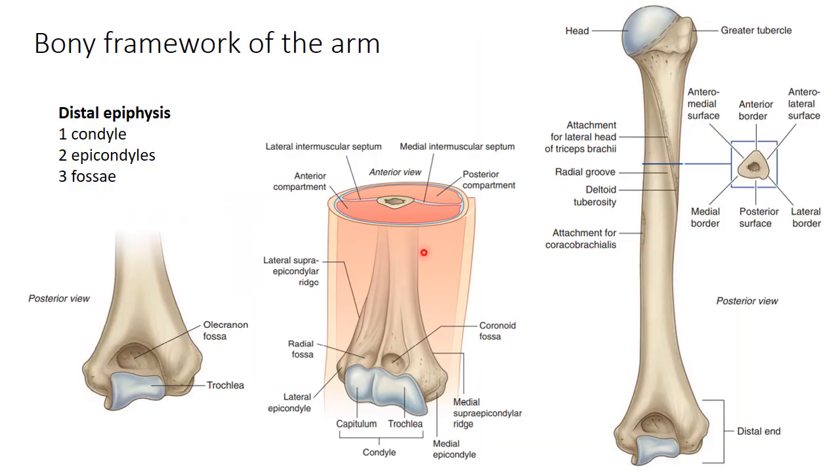The bone of the arm is the humerus, and the humerus is a long bone which has a proximal epiphysis and distal epiphysis, and there is a shaft.